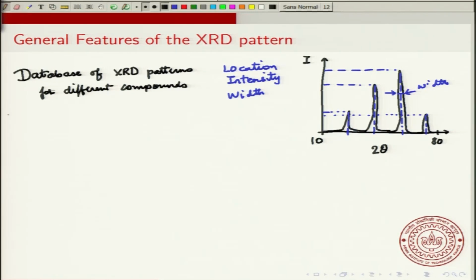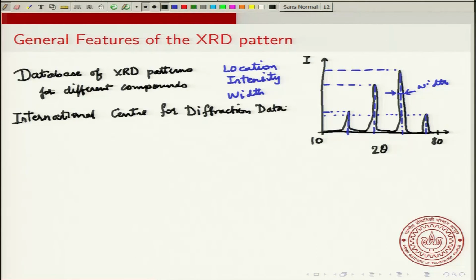This is called the International Center for Diffraction Data, ICDD.